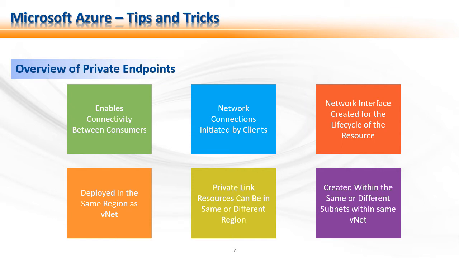There can be 1000 private endpoints per virtual network, and we can have a maximum of 64,000 private endpoints per subscription. So this was just a brief overview of what the private endpoints are and what their capabilities are, but we will learn more about it when we are actually doing practicals. So we will see more of it in our upcoming demo.